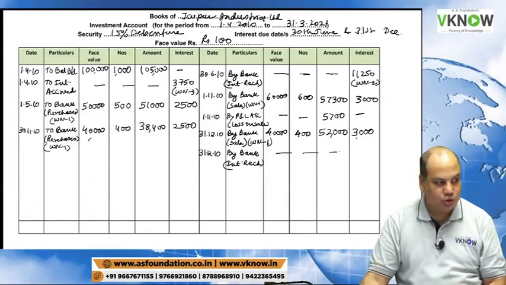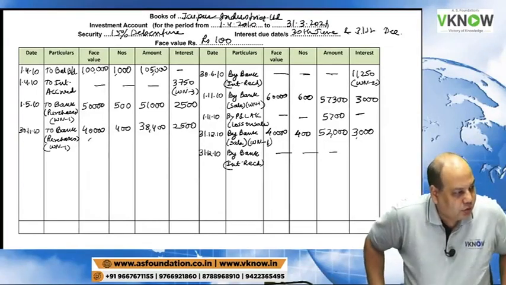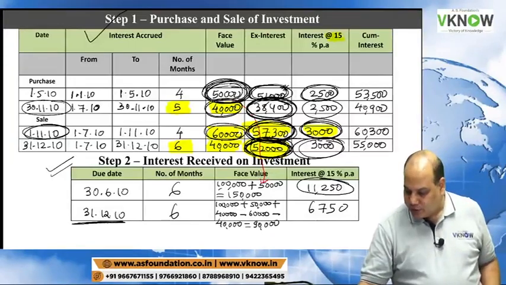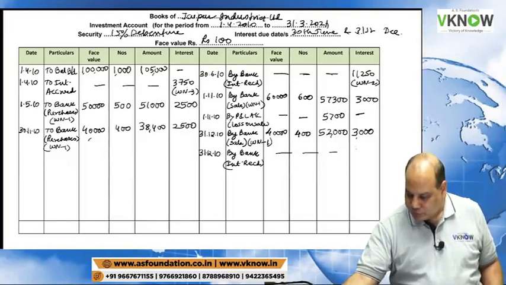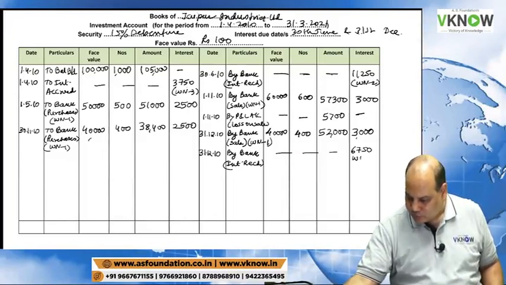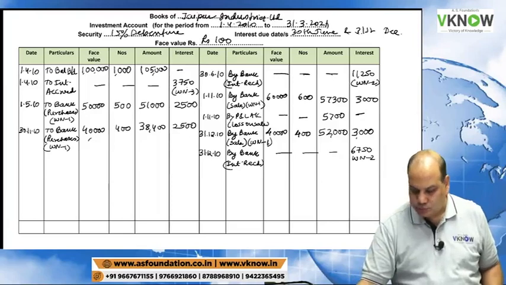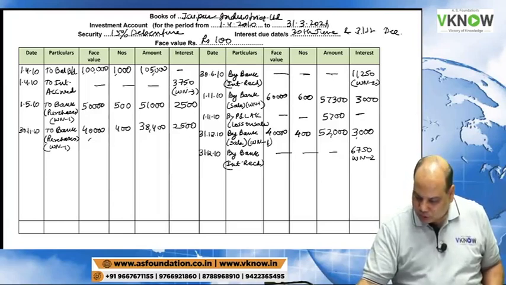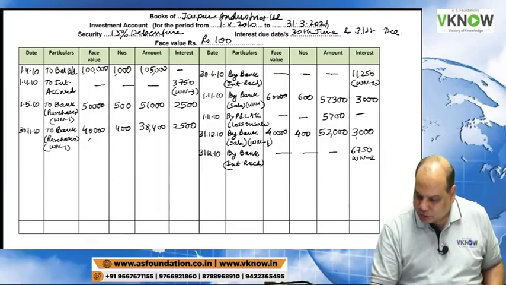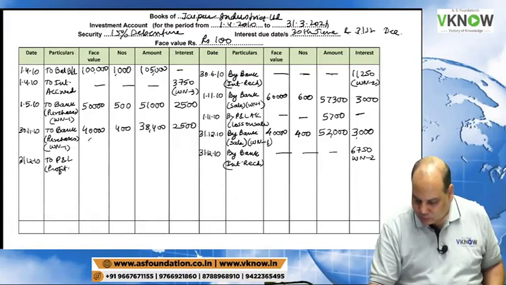You will go to working note 2. For interest received, 6750, working note 2. Then you will write on the debit side the profit we have not written. 31/12/10, to P&L account, profit on sale, working note 4.